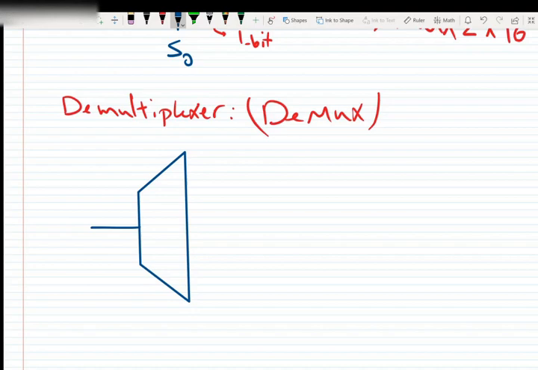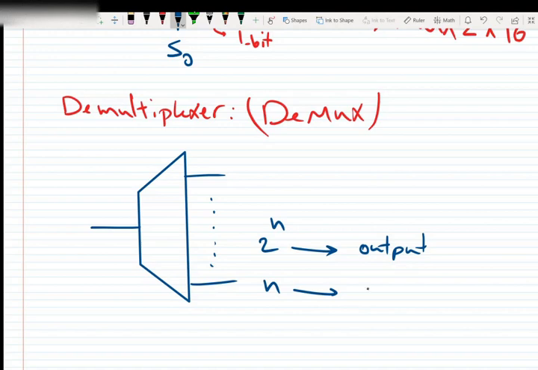So one group of inputs, 2 to the power of n groups of outputs, and n control inputs.